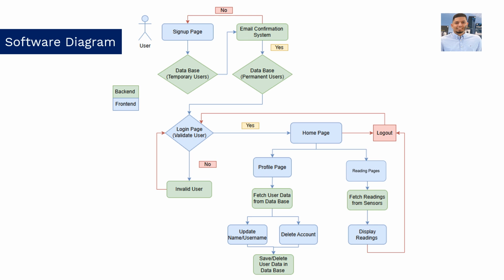The other option is to go to the reading pages. We have multiple reading pages where it fetches all the data collected from the sensors and displays it. And then you also have an option from all the pages to either log out or go back to the previous pages.